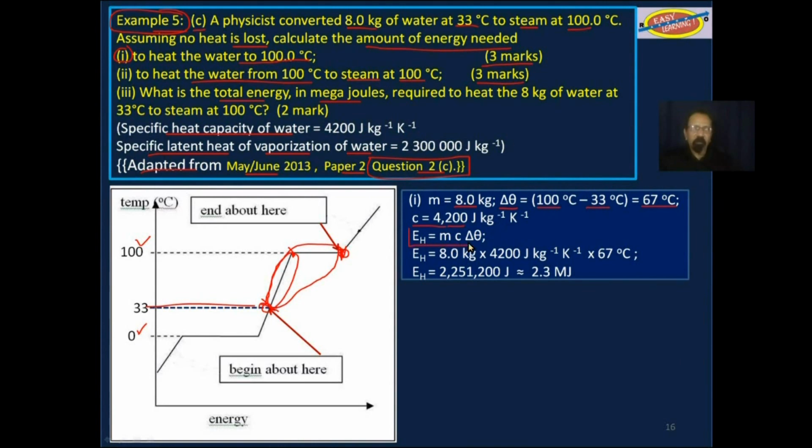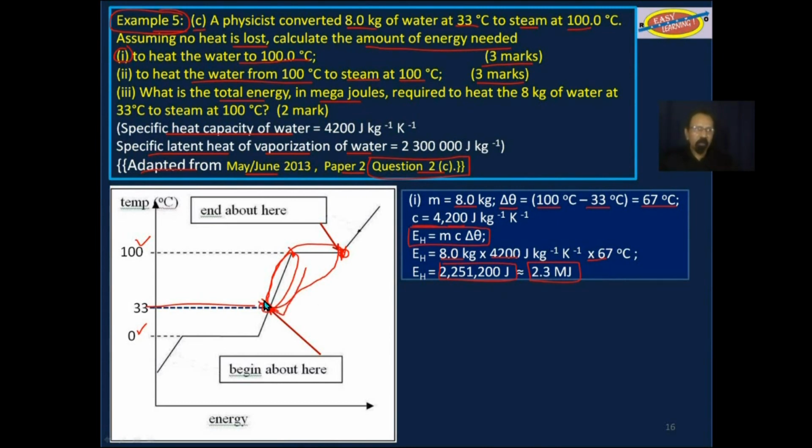EH is equal to MC delta theta. We substitute the numbers we are given, and we come up with this answer, which rounded off to megajoules is 2.3 megajoules. You don't need to carry it to megajoules at this point, but we can do that while we are on it.